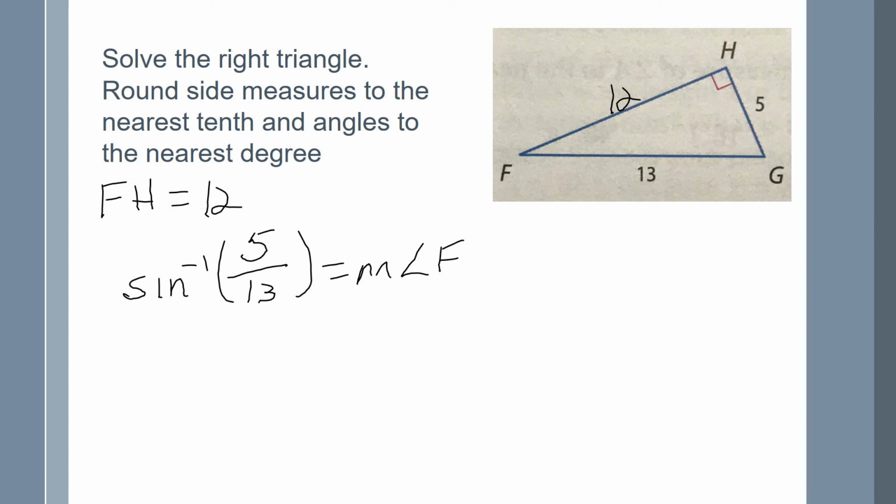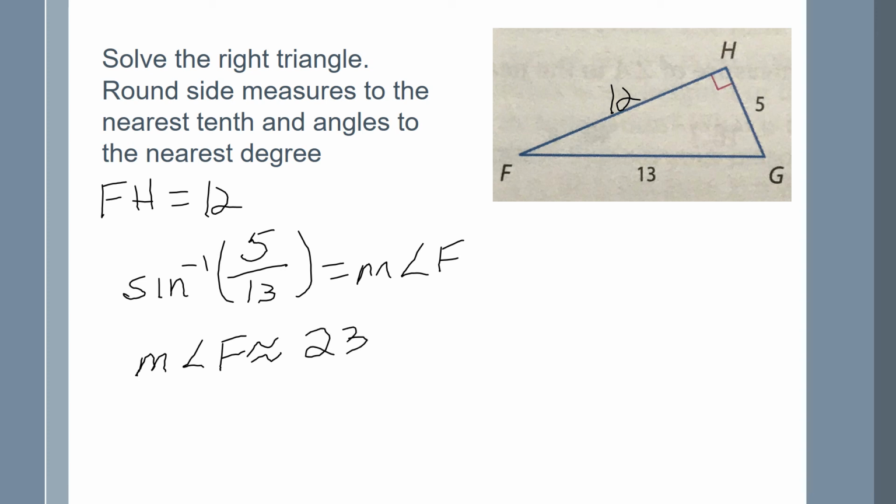I hit enter and I get 22.6199. The angles are to the nearest degree, so the measure of angle F is going to be 23, because we're going to the nearest degree. So it's going to be approximately 23.